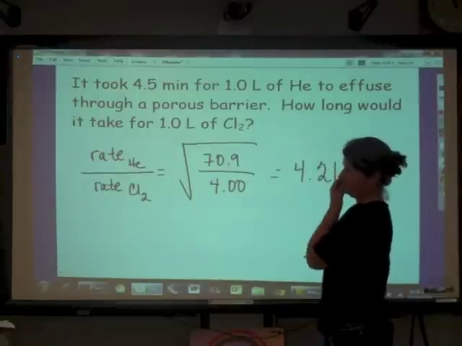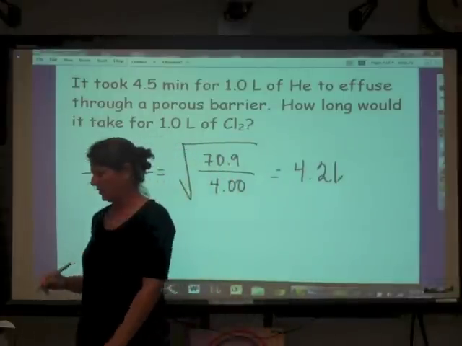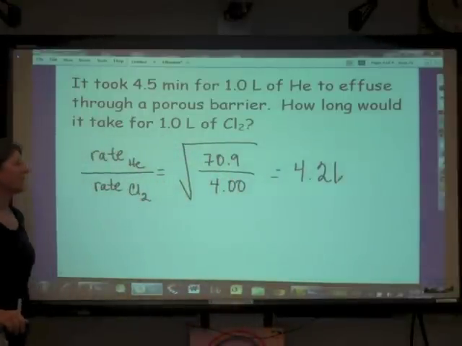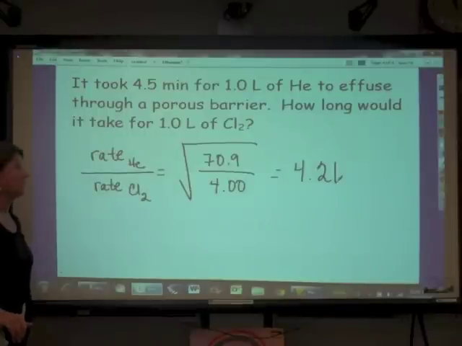And so what we get here is 4.21. So another way we can look at this ratio is that it's going to take the chlorine 4.21 times as long to effuse as the helium. Helium is 4.21 times faster.